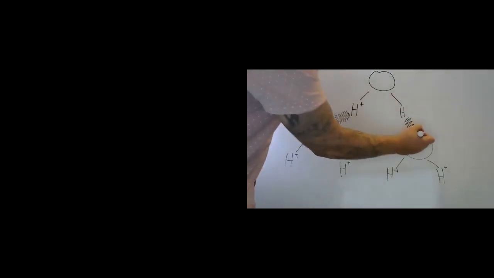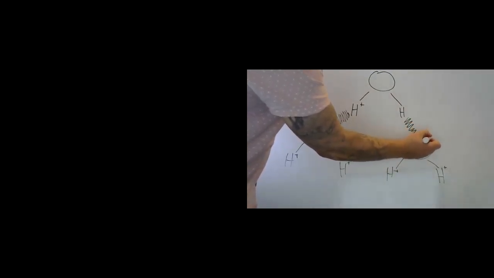It creates this web shape. And we can put another oxygen down here for good measure. So these oxygens can create new bonds with the hydrogen to create this diamond structure. And this is what gives water its unique properties.